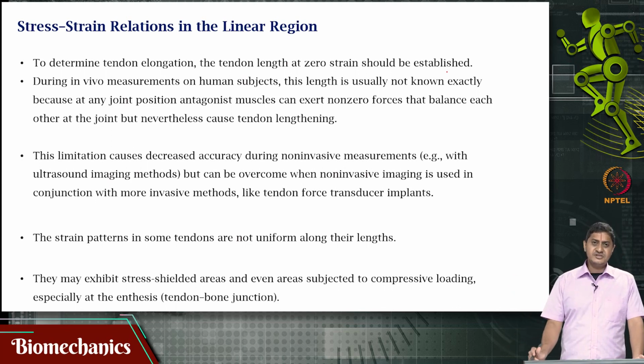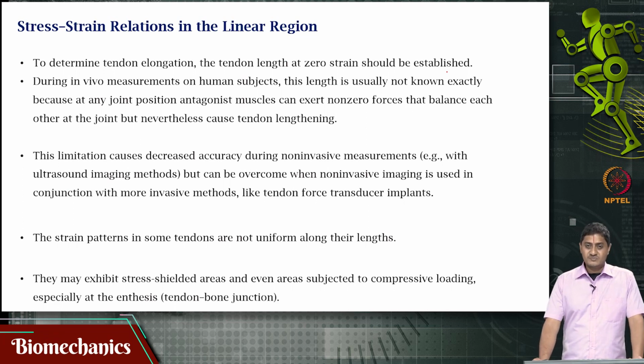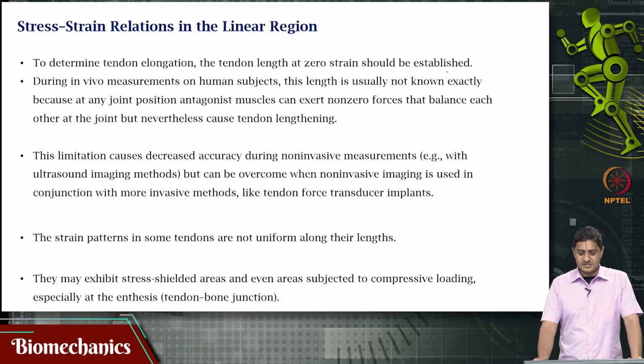Now, if I am interested in finding the elongation of the tendon, I need to first find out what the length of the tendon is at 0 strain. When there is no strain, what is the length of the tendon? This is not very easy to find in human participants, because at any joint position usually there will be an action of the antagonist.